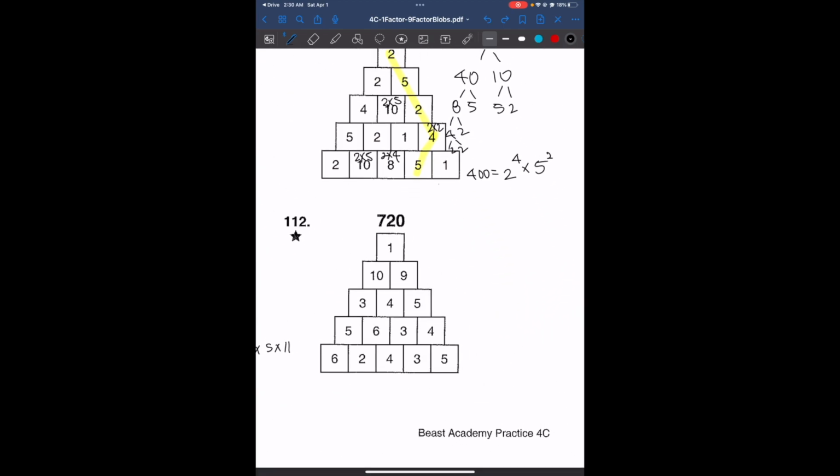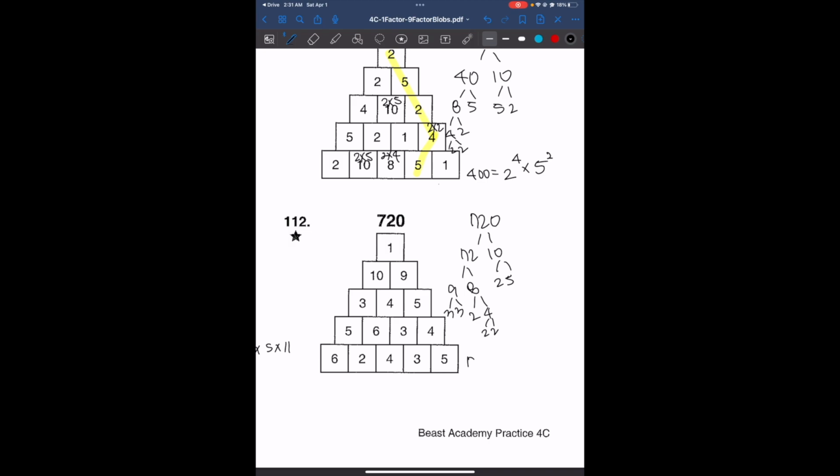So this is our last question of this video. We have target number 720. So that's 72 times 10. 72 can be further divided into 9 and 8. So it's divided into 3, 3, 2, 4.